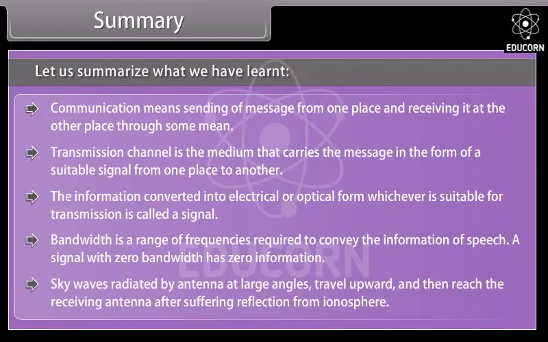Sky waves radiated by antenna at large angles travel upward and then reach the receiving antenna after suffering reflection from the ionosphere.